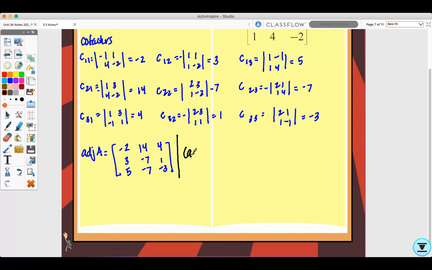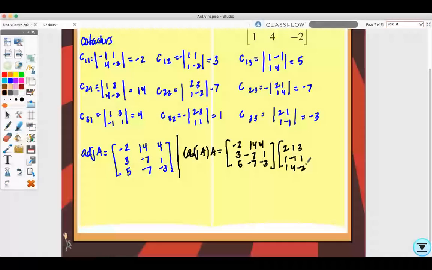I would have the adjoint of A times A. So that would be -2, 14, 4, 3, -7, 1, 5, -7, -3 times A, which would be 2, 1, 3, 1, -1, 1, 1, 4, -2, and I would get 14, 0, 0, 0, 14, 0, 0, 0, 14, which is the identity matrix multiplied by 14.